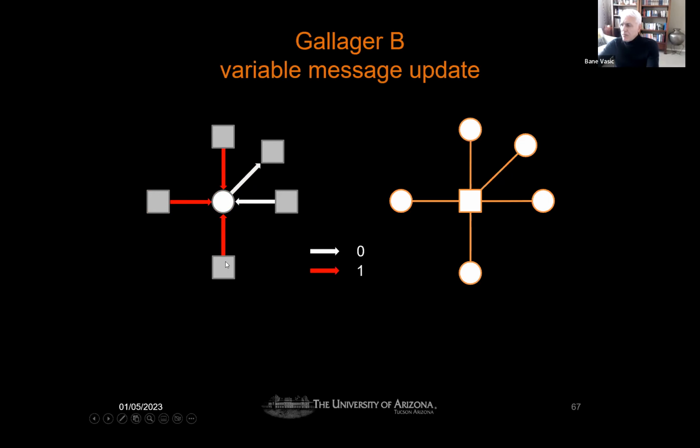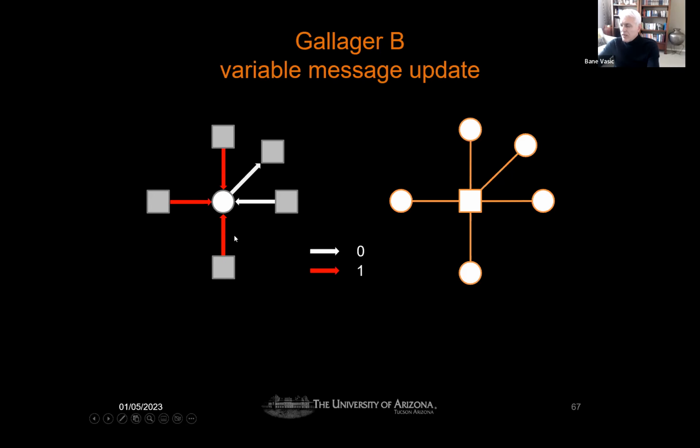So this actually means that the check node is sending value 1 to this variable node. This 1 means that this check is not satisfied, that the corresponding value of the syndrome is not 0.